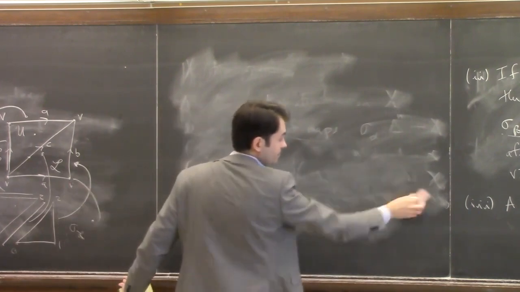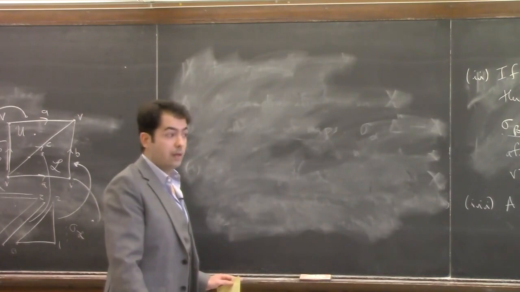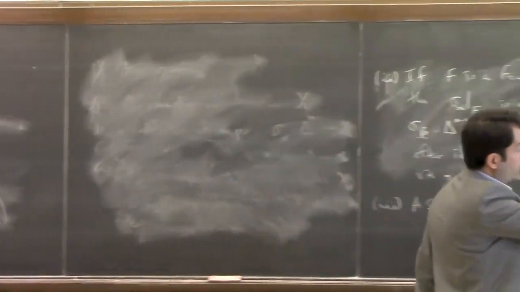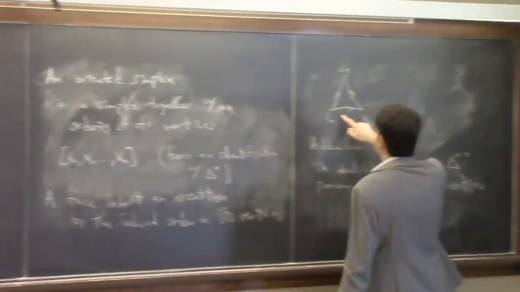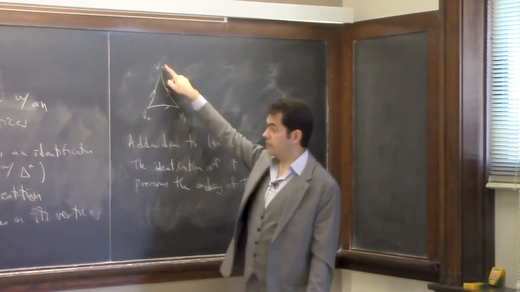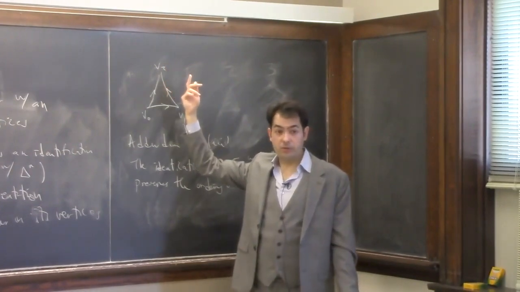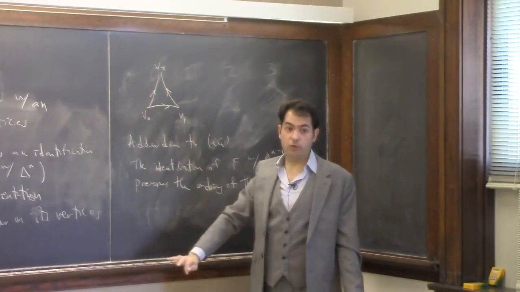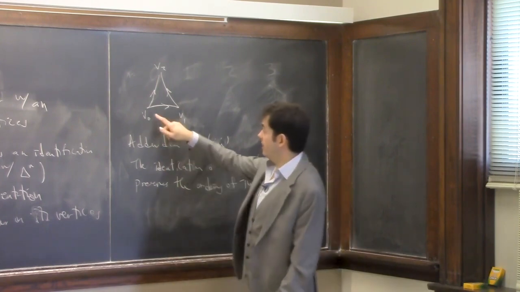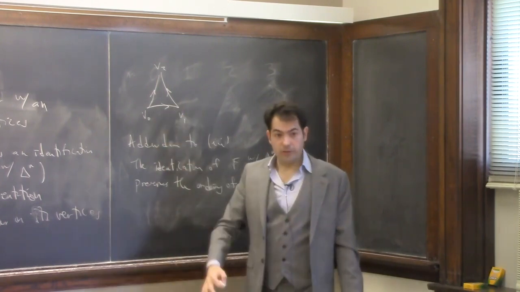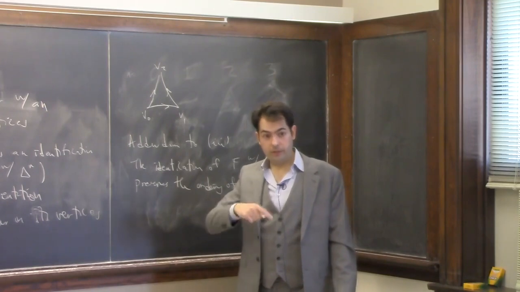Can you explain why you have a cycle? Yeah, because when you look at a triangle, no matter how you pick the orientation, the vertices are going to be labeled 0, 1, 2, right? So the arrows inherit an orientation from that ordering.